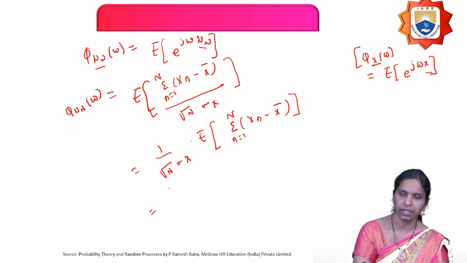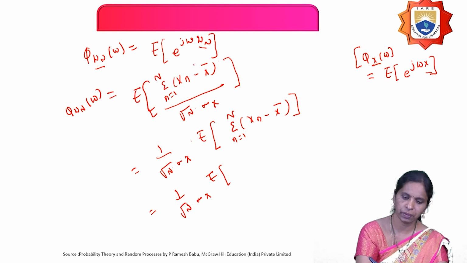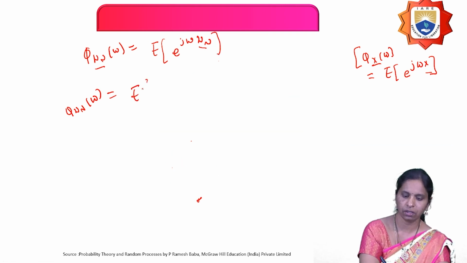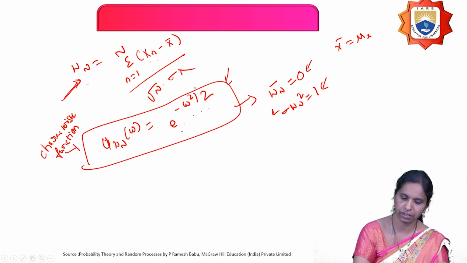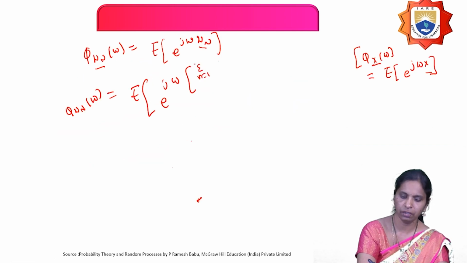Now you can rewrite this equation. The expectation of e power j omega into Wn, where Wn is the sum from n equals 1 to n of xn minus x bar by root n into sigma x.